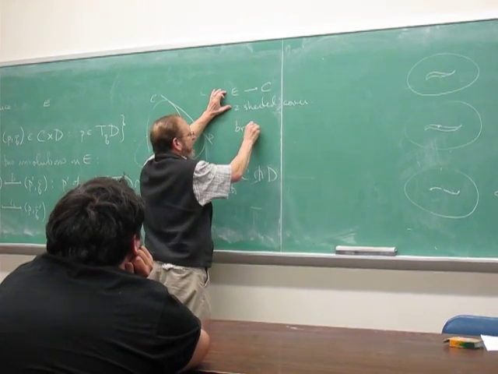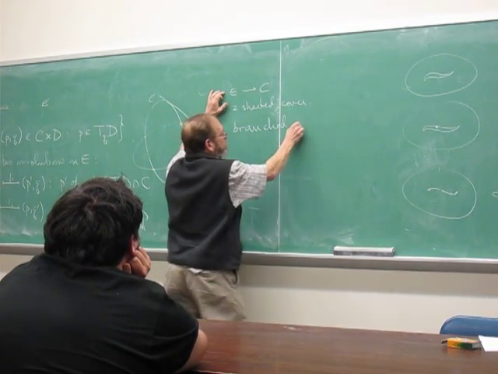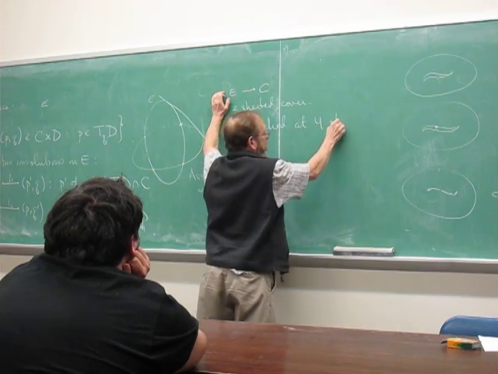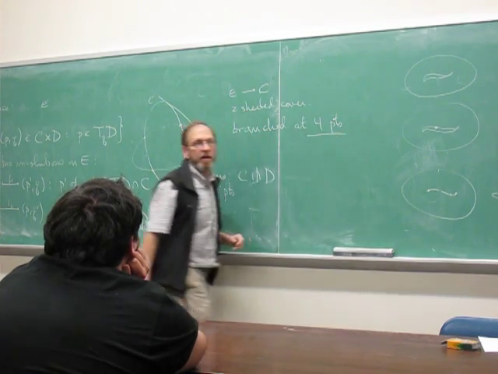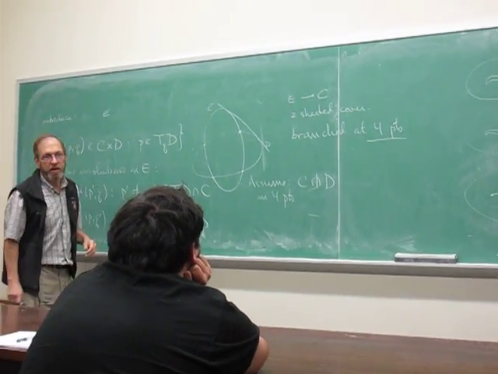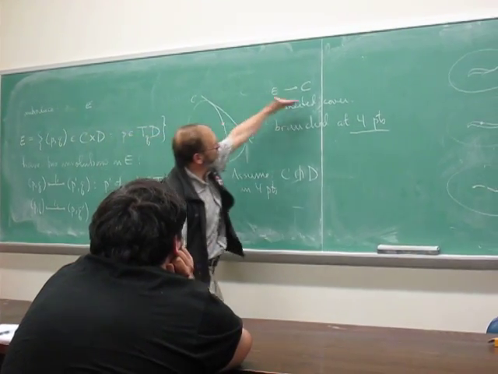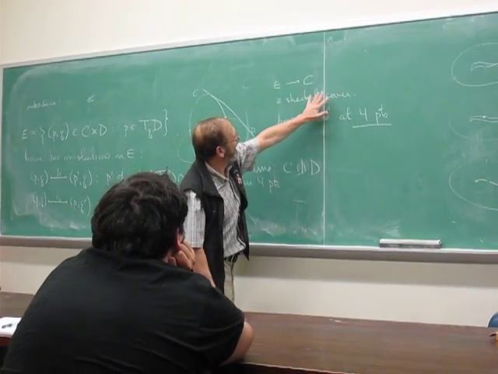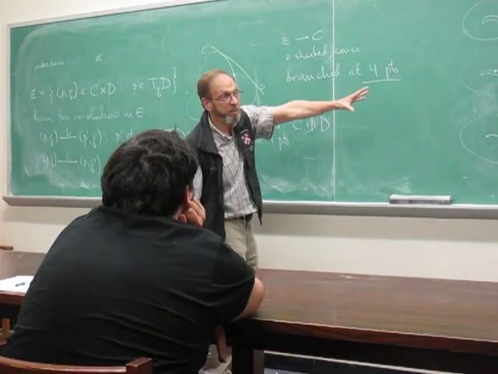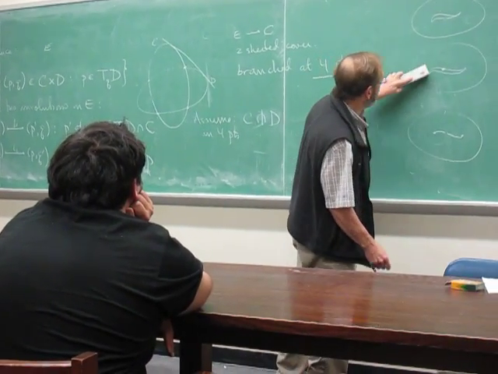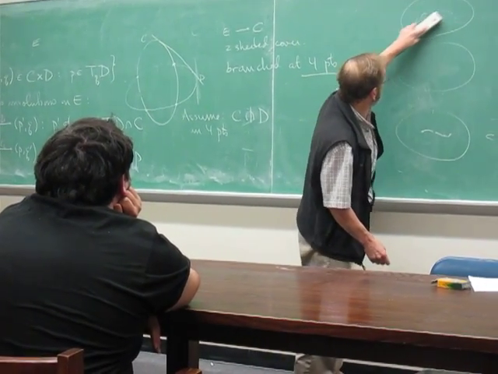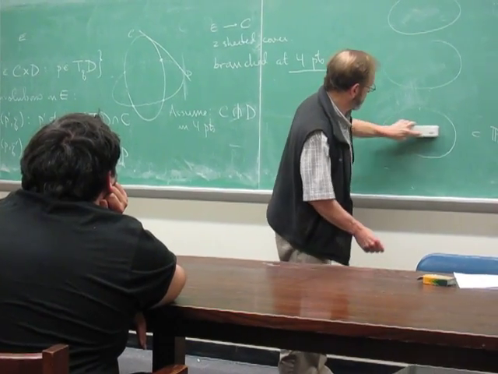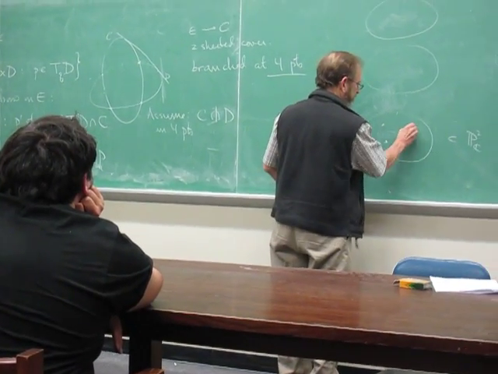But now it's branched, as we said, at 4 points. So again, C is a sphere, so the same picture applies, but now instead of there being 2 points where the map fails to be a covering space, there actually are 4.